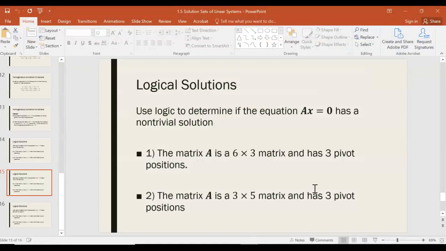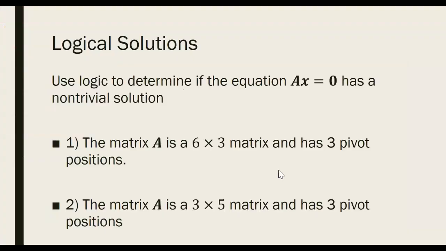Now, I'm going to ask one more logical question. Instead of dealing with AX equals 0 as a homogeneous system, let's ask ourselves, how about AX equals B? Is there a way to get B no matter what value of B I choose?